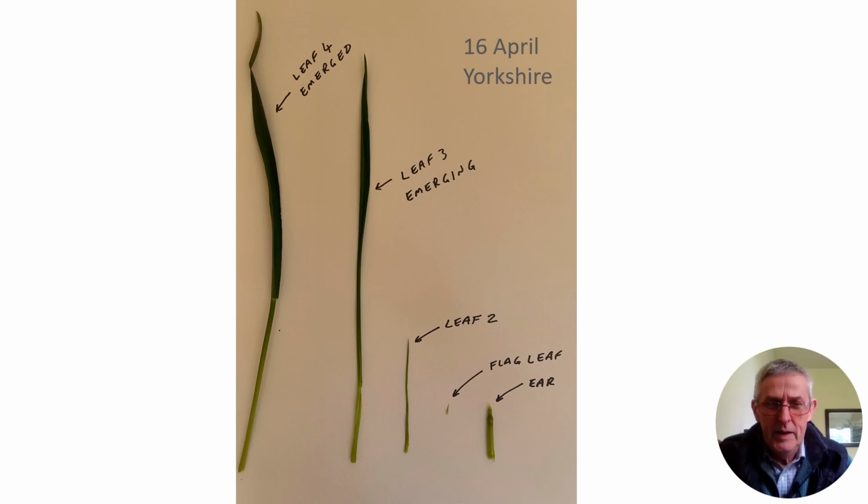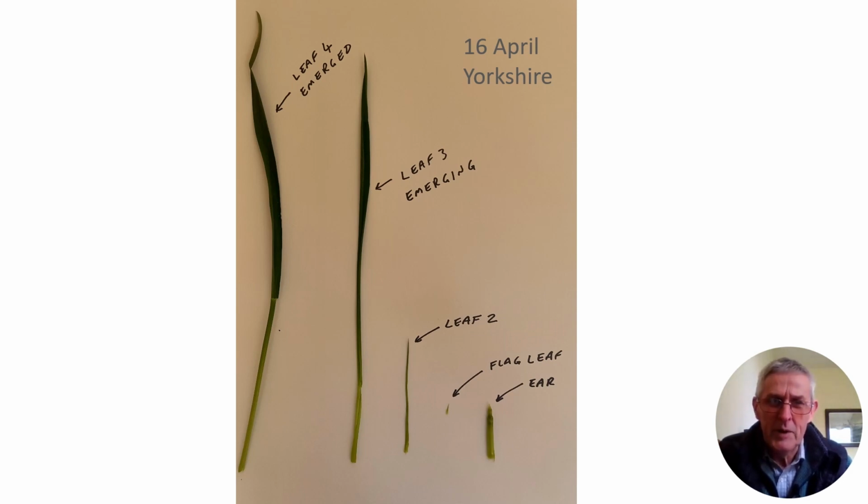What I've then done is very carefully felt down the leaf sheath that extends from the point where the outermost leaf attaches to the stem, and carefully sort of unfurled that leaf sheath back until I could remove that leaf and its attached sheath. And in this case, that turned out to be what will eventually be leaf 4, and you can see that that leaf has just fully emerged.